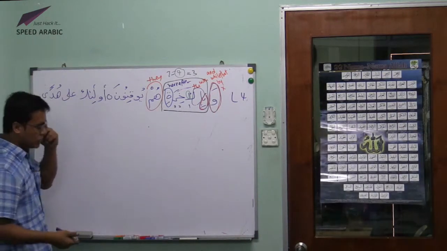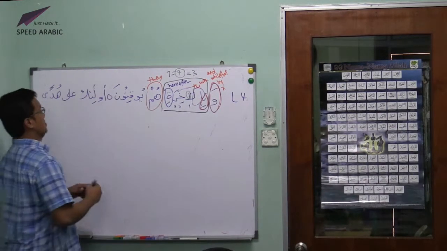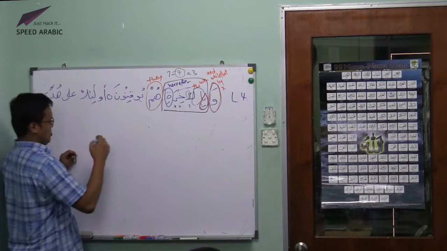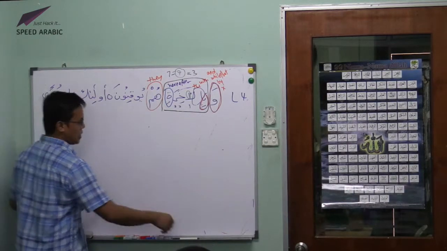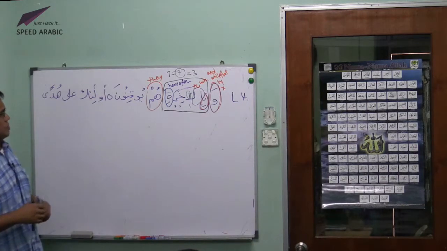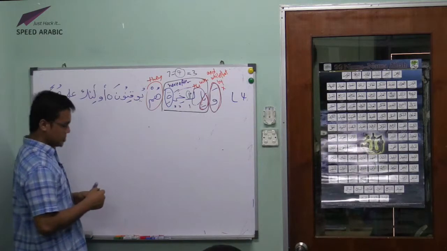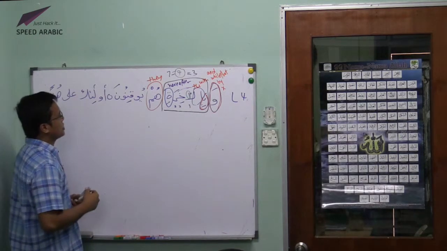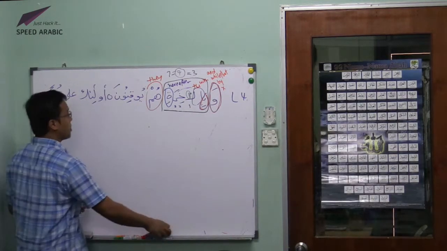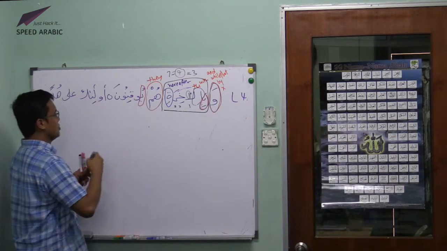How do you hack yuqinun? Rooted. Okay, so count. How many affixes should you have here? 3. So 3 affixes to be unfixed. What are they? Ya and waw nun.